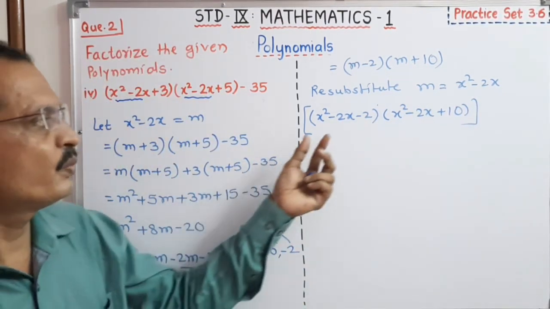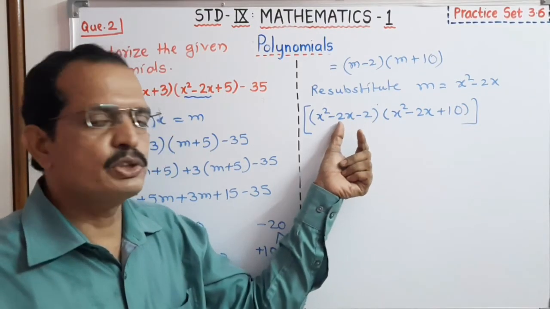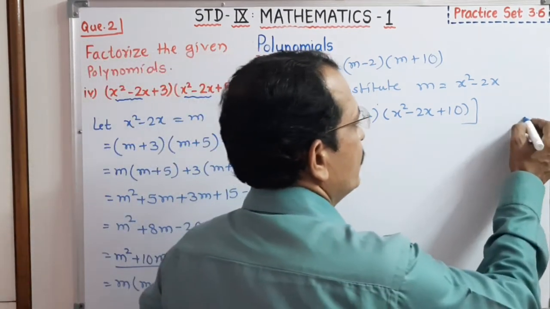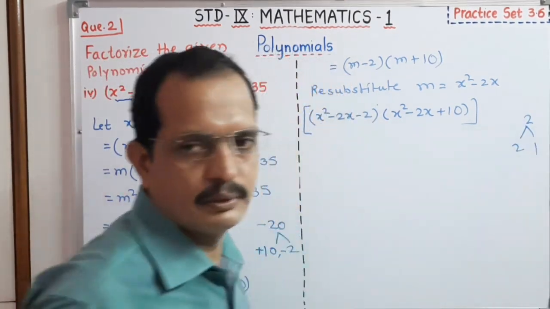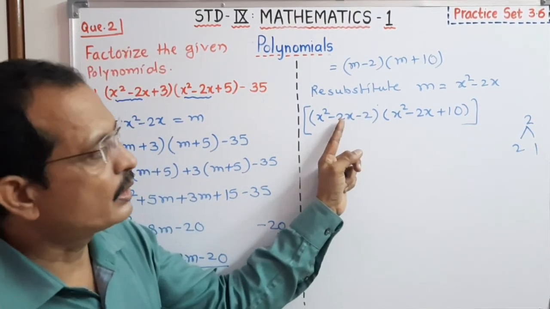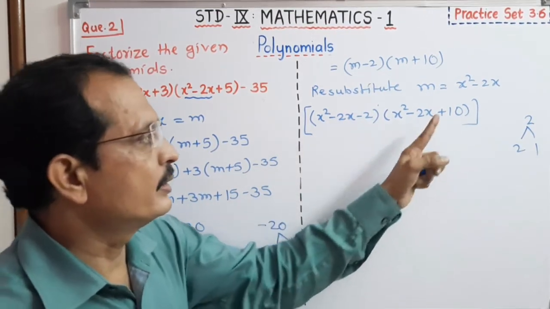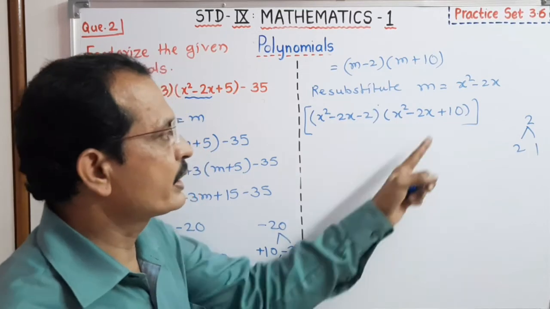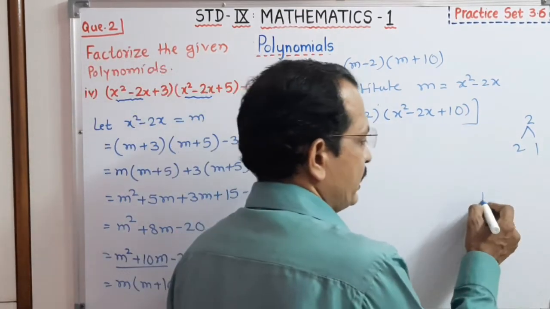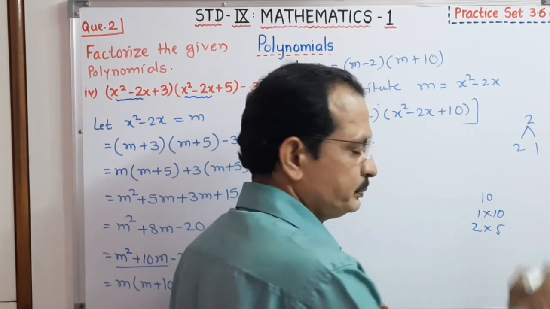Now we have to factorize these two. Minus 2, whose subtraction should be 2. Tell me the factors of 2. Prime factors are 2 and 1. If we do the subtraction, it is not 2. Other factors are not there. Therefore, we can't factorize this. Second, 10. Tell me the factors of 10 whose addition should be 2. Factors of 10 are 1 into 10, 2 into 5.